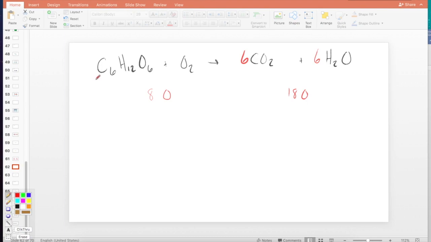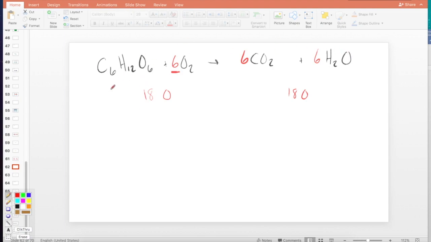So is there something else I could do? Yeah, I could try to adjust this. So is there a coefficient I can put right here that will bring my total number of oxygens from 8 to 18? Think about it. Yes. If I also place a 6 right here, 6 times 2 is 12, plus the 6 here gives me 18 oxygens. Now it's balanced.